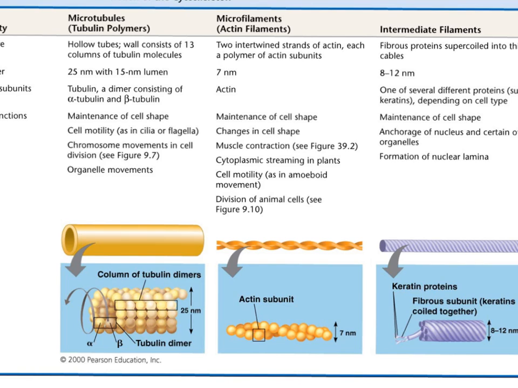If the cell's going to move, how am I going to push that cell membrane out? By adding subunits. I continue to add subunits, the membrane is going to be pushed, right? I'm making it longer. And if I have to break down other parts, I can take the subunits away. Dynamic. This is dynamic. They can be put together and broken apart. They can be changed.